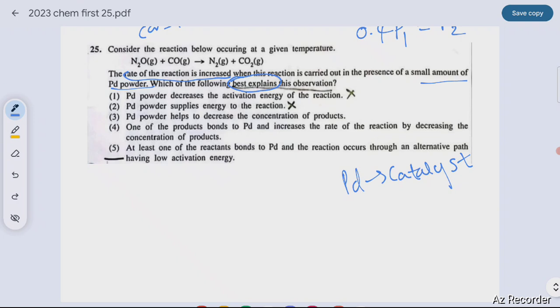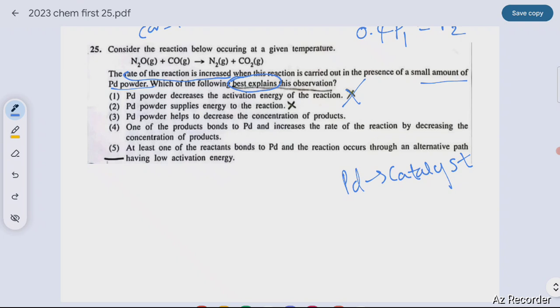Palladium powder decreases the activation energy of the reaction? No. Catalysts cannot increase or decrease the activation energy of a reaction. Then what is the function of the catalyst?